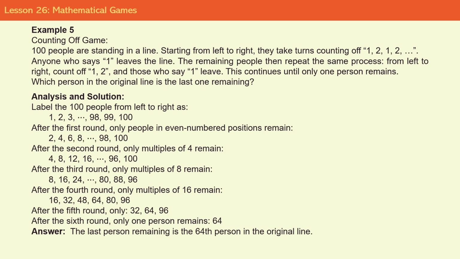After the fourth round, only multiples of 16 remain. After the fifth round, only 32, 64, 96 remain. After the sixth round, only 1 person remains, 64. The answer is the last person remaining is the 64th person in the original line.